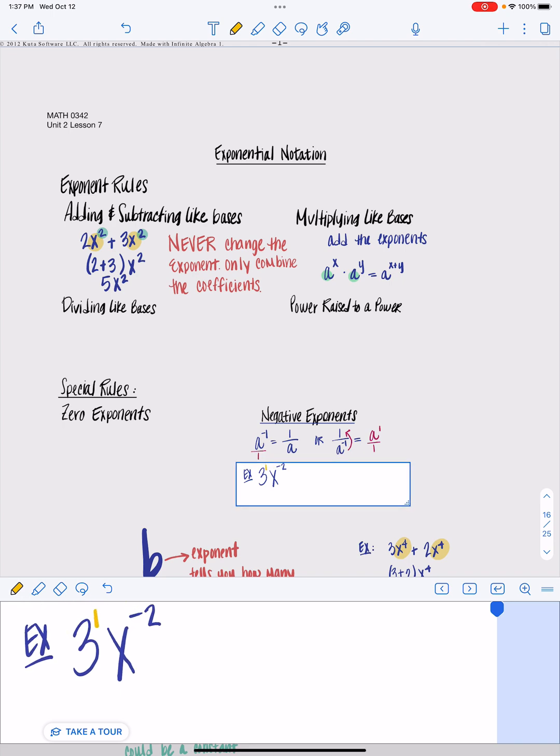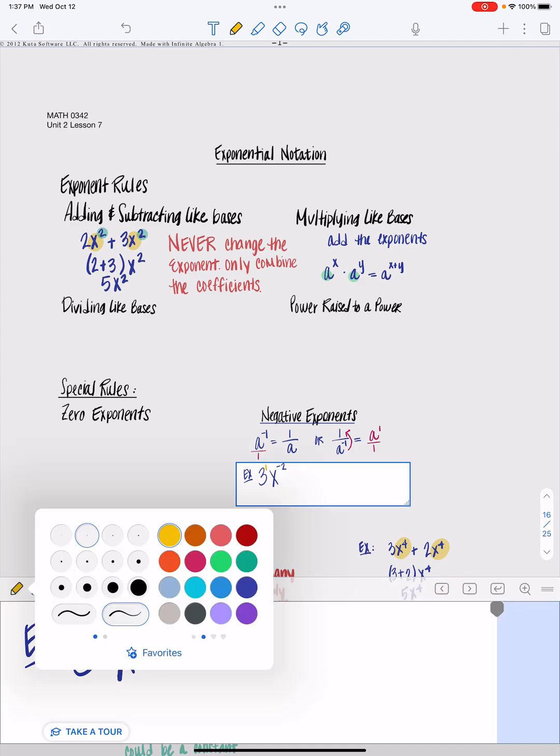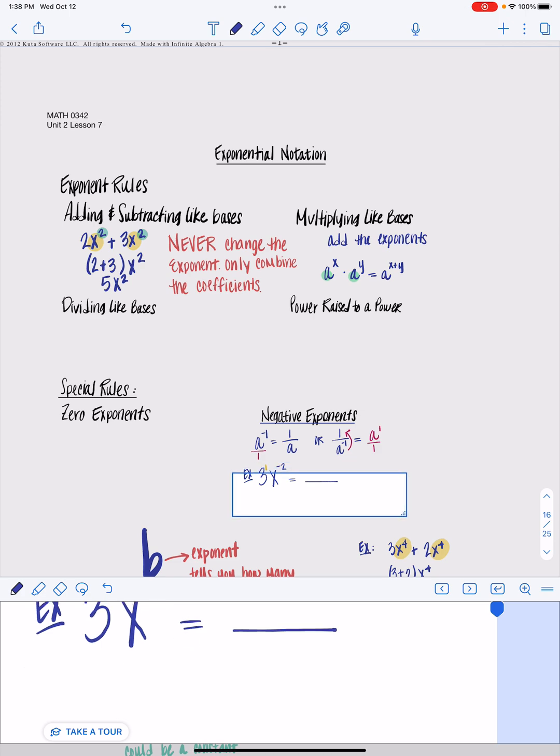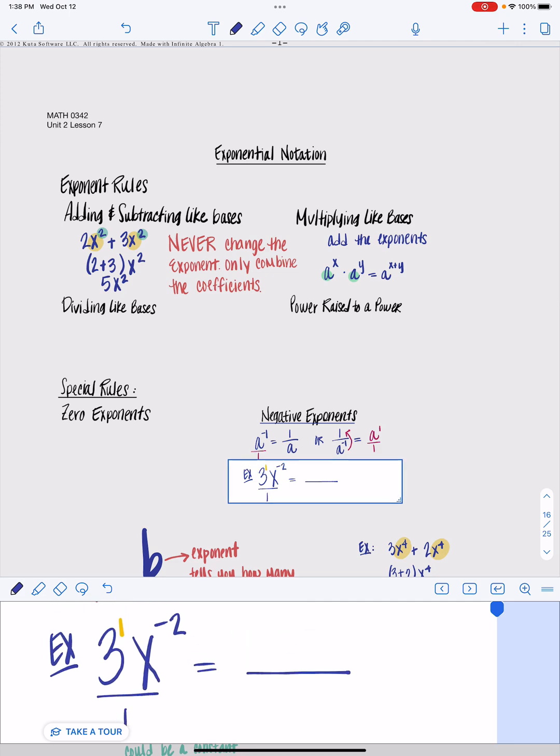So if I were asked to write this without any negative exponents, I would start with my fraction bar. Because remember, I could put 3x to the negative 2nd power over 1 and make it a fraction. And I'm going to look at it piece by piece. If I look at the 3 first, it has a positive exponent.